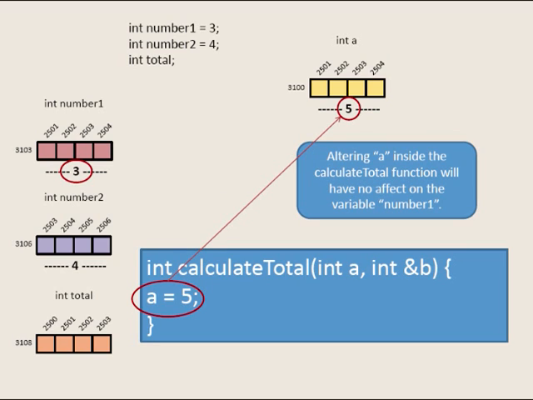Altering A inside the calculate total function will have no effect on the variable number 1.